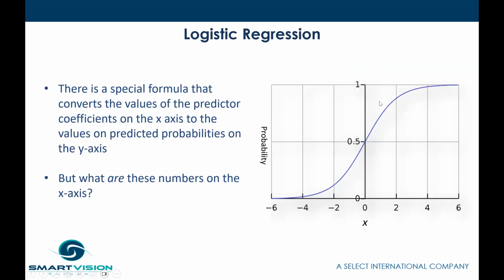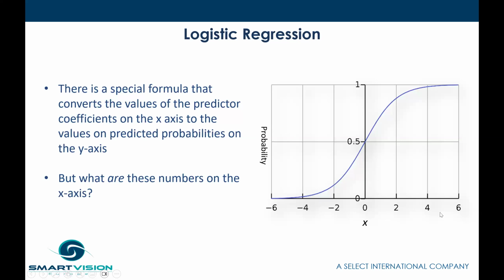There is a special formula that converts the values on this x-axis into these probability values by using this special curve. And this special formula is called a link function. And that leads us to ask, well, what are these numbers on this x-axis that allow us to convert them into probabilities?